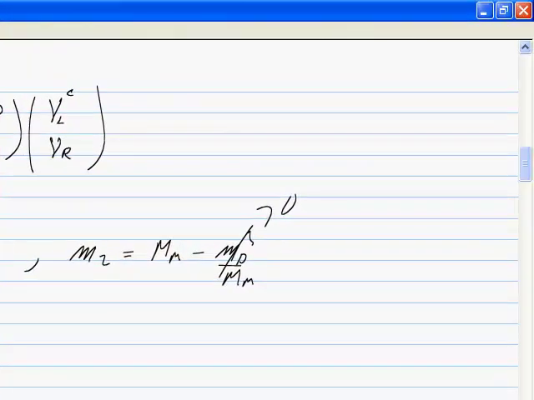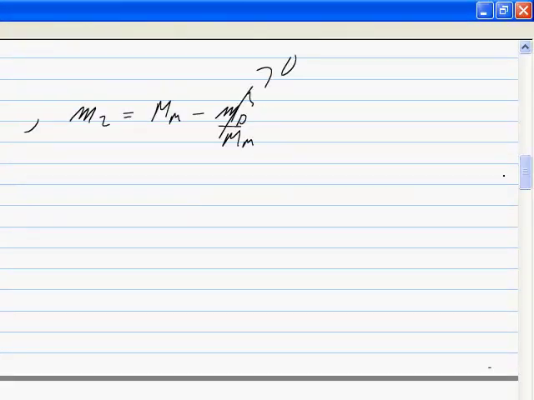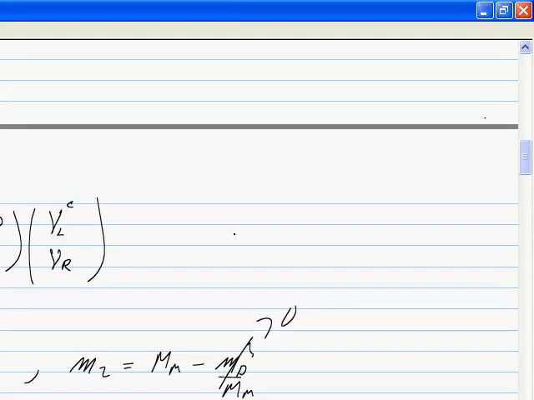Okay, so this pattern here goes by the name of the seesaw. So the picture seesaw is big mass, little mass on this seesaw.